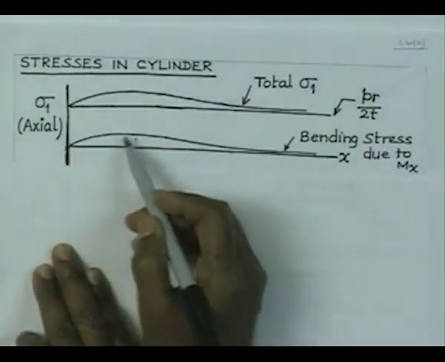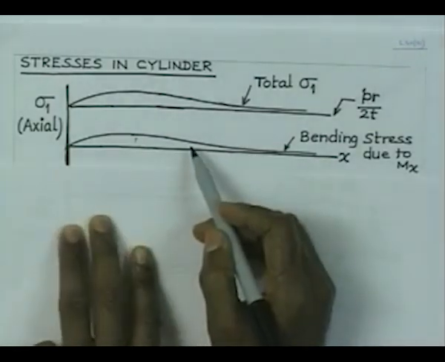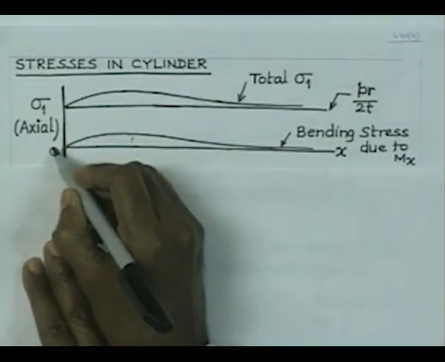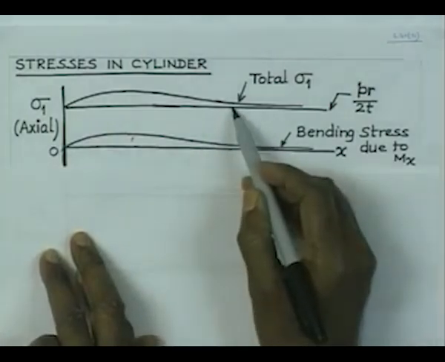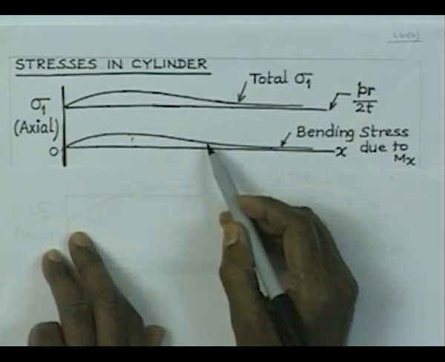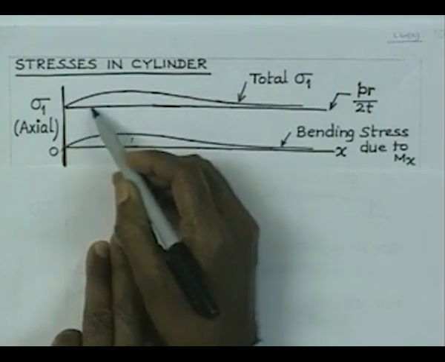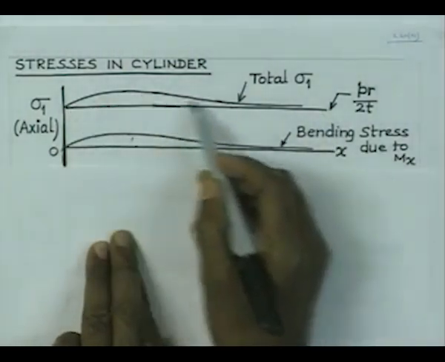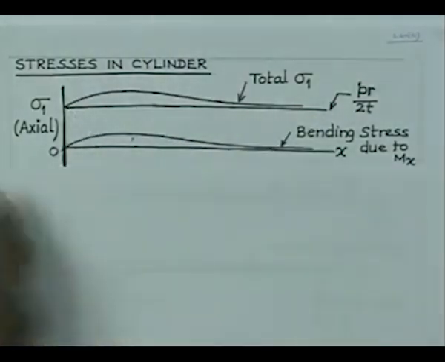That variation is going to be like this, and this is also going to have magnitude which is tensile. If we consider 0 to be there, both these stresses are tensile. So, this stress is constant across the thickness, and this is the stress which is at the top fiber, and if I add this to the stress sigma 1 due to pressure, then I get the total stress like this. The maximum of the stress occurs somewhere away from the junction.